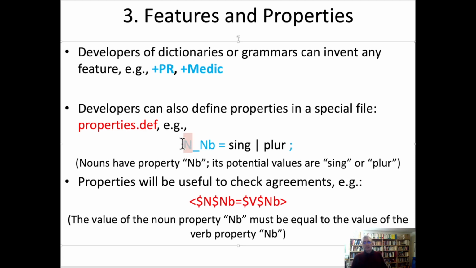And this property is used for nouns. Okay? And this will be very useful when we write constraints, lexical constraints, let's say to describe agreements. We will be able to say that a certain noun, if we take this noun and look at its property NB, we want it to be identical to the property NB of a verb. So this will be useful later.